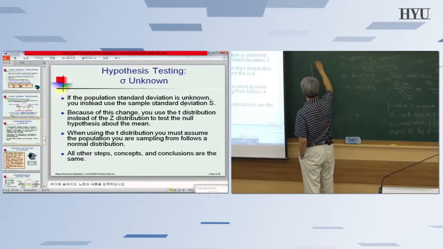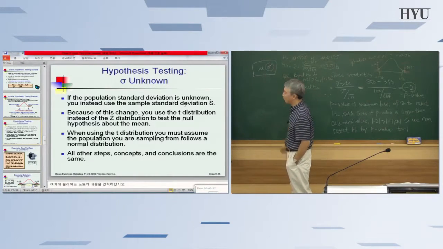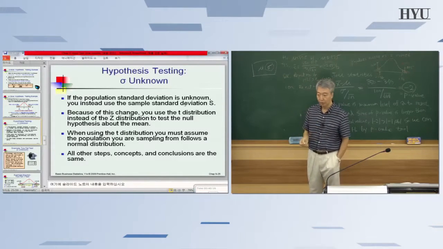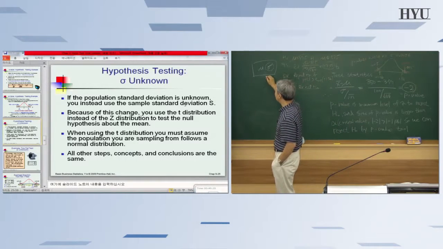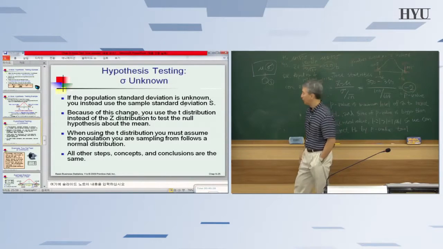If for some reason the population standard deviation was known, then you could use the z-test. But if it is unknown, then what you can do is take a small sample and calculate the sample standard deviation.